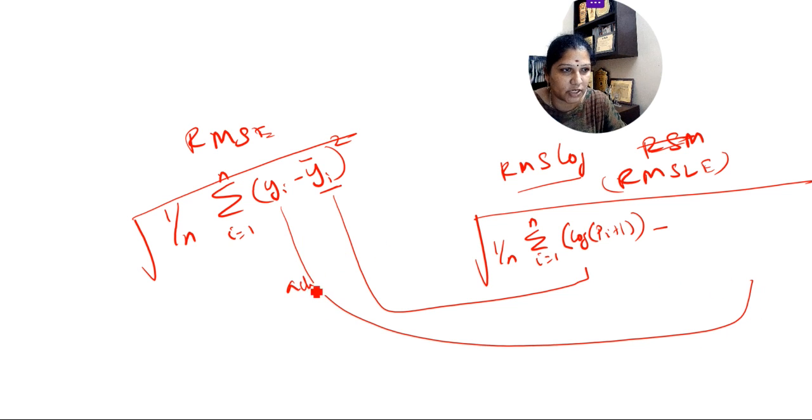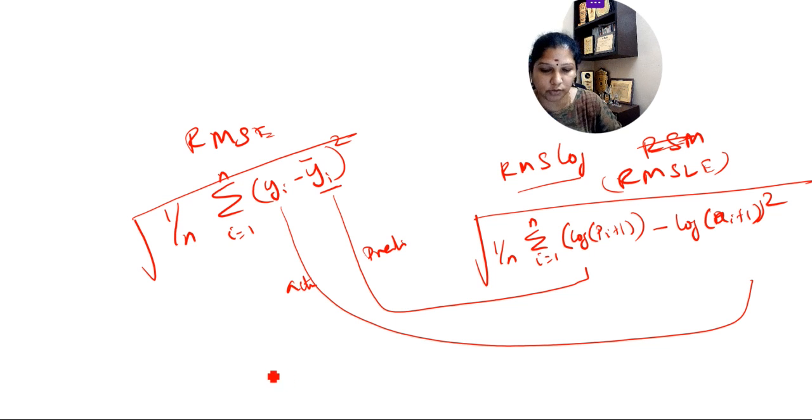So this is actual, this is prediction, and here the log of a i plus 1, and here the whole square. So this is how a huge difference between the prediction and the actual value is handled, when the predicted and actual values are huge numbers.